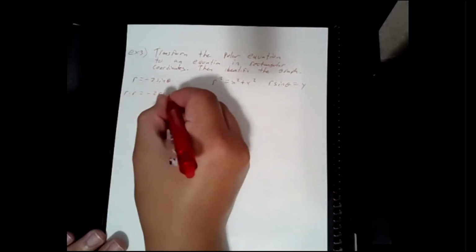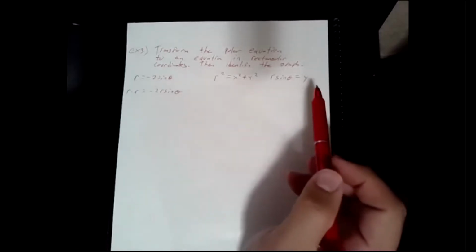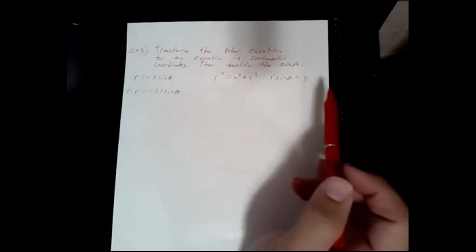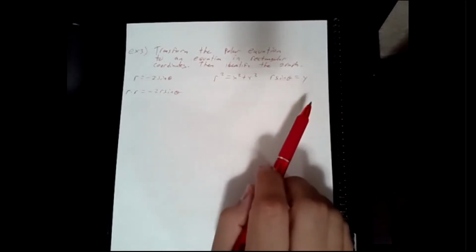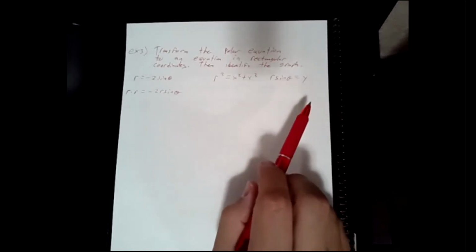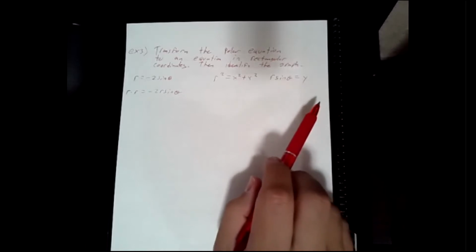Could you substitute the -2 sine theta into the y equals on the right for r? Here? Yes. So you already have r equals, so couldn't you substitute it in for r and do -2 sine theta sine theta equals y?